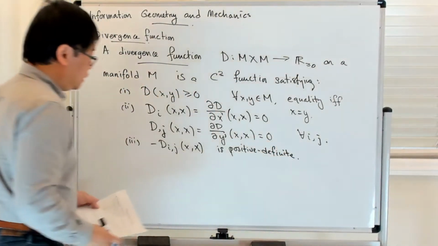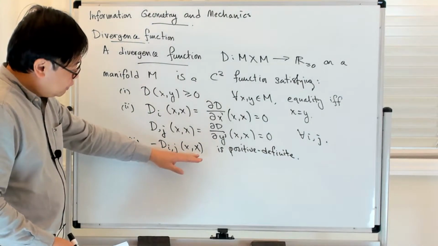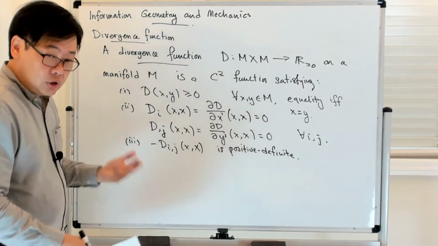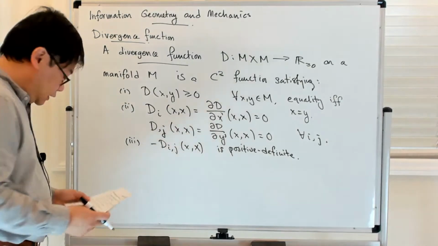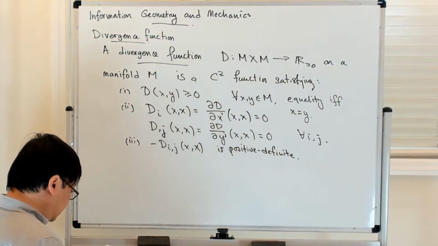If you know something about Riemannian geometry, you're going to be thinking that this is the object which is going to give you the induced Riemannian metric, and that's indeed the case.